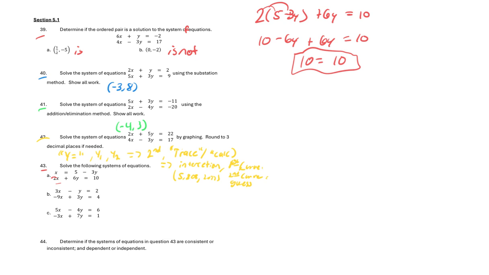So if we were to do an ordered pair, it'd be x. Then we need to have some sort of expression for y that depends on x. So that means we would solve this equation for y. So x equals 5 minus 3y. Subtract 5 from both sides.